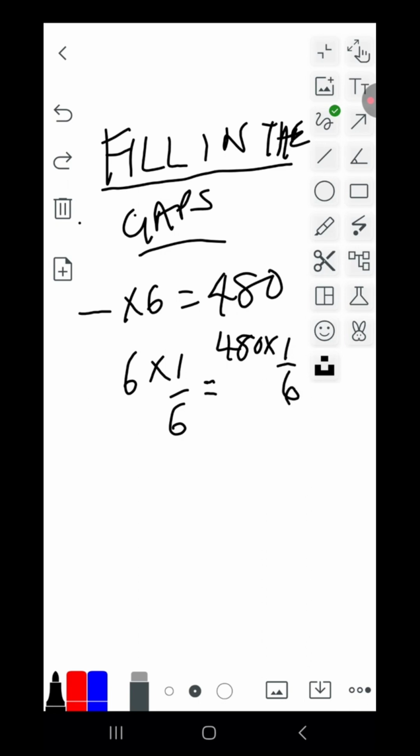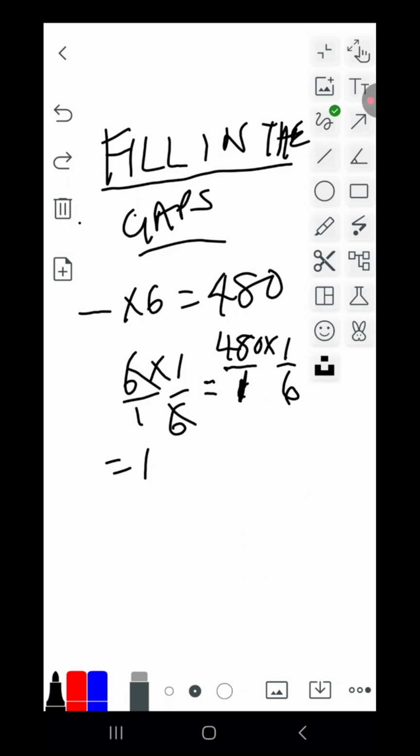If you cross out, 6 divided by 6 is 1. And there is always an invisible number 1 underneath any normal number, so we can put it there to make it easy for you.